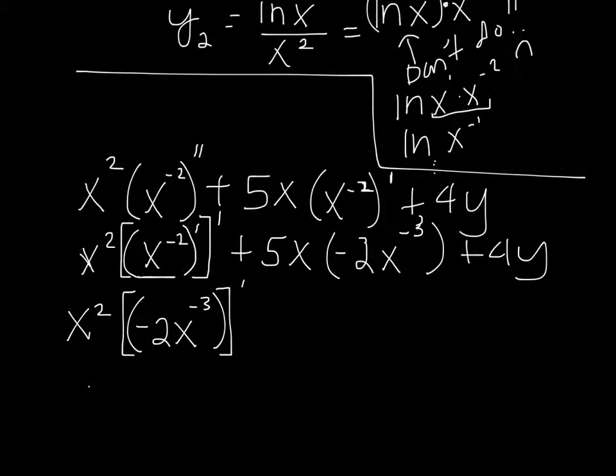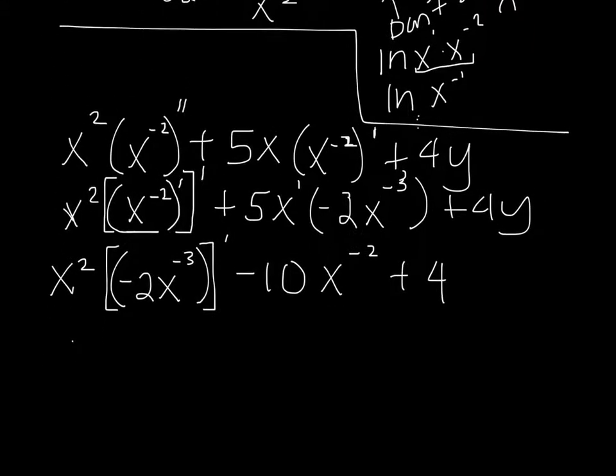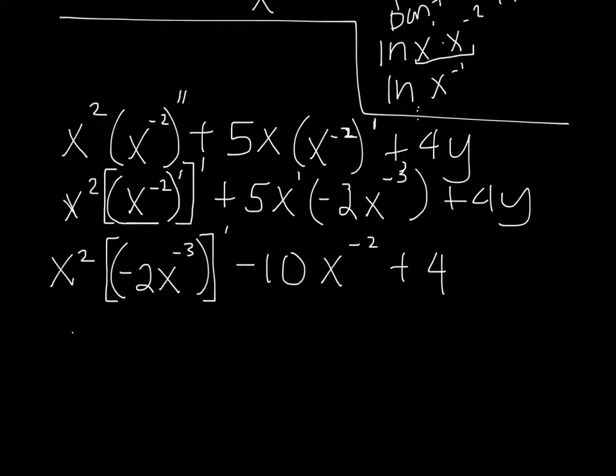I already took derivatives here, so we can just multiply these. And we have negative 10x to the, it's a power of 1, so negative 2. And I just realized I never plugged in the last y, which is x to the negative 2.